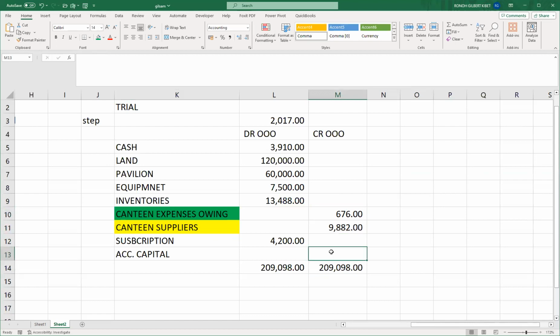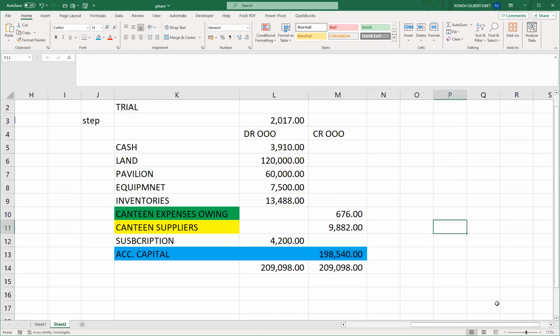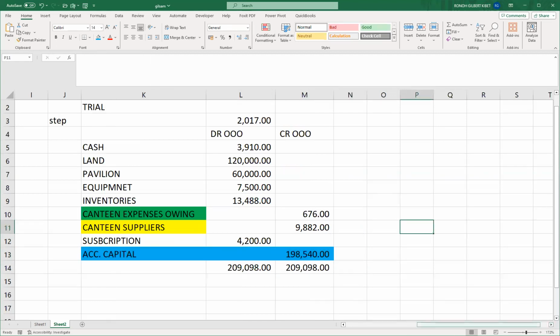We say this minus this, which will be 198,540. So that is our capital. So we have done the first step.